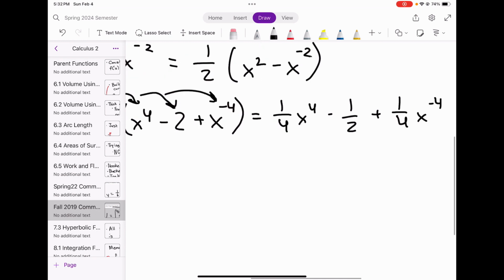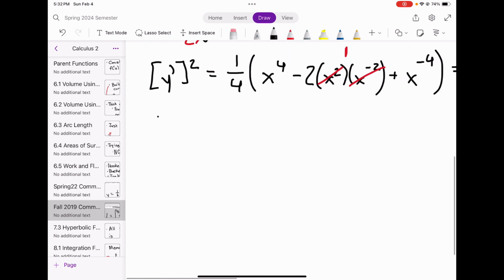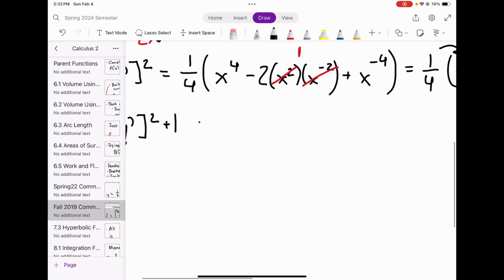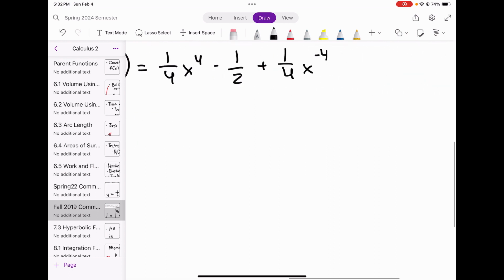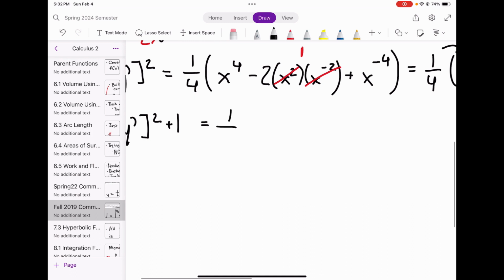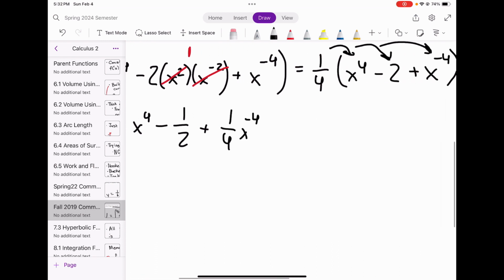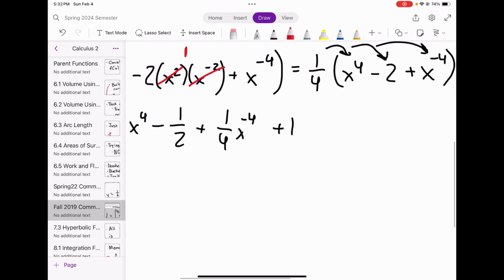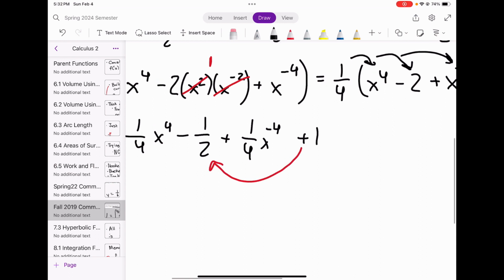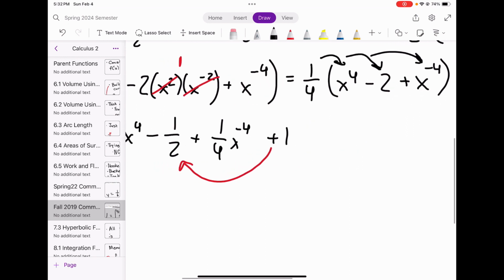And so this is going to be good for when we add the 1. So y prime squared plus 1 is equal to, let me just rewrite this one more time, 1/4 x to the 4th minus 1/2 plus 1/4 x to the -4th, and now we're adding 1. This 1 is going to obviously go over here, because this is the same amount of terms, x to the 0.